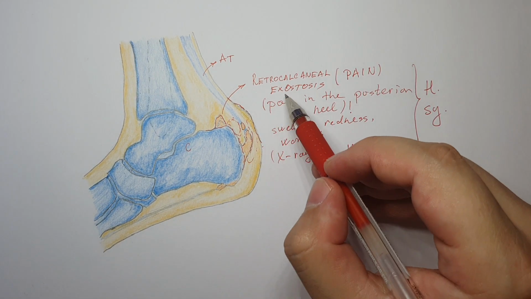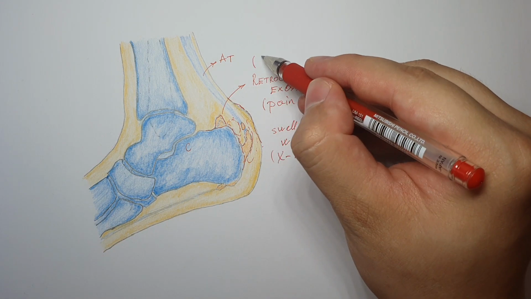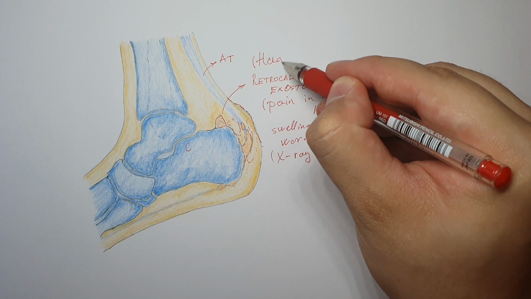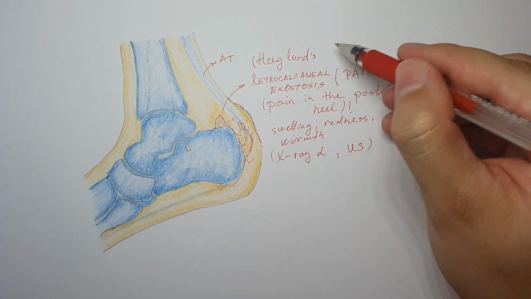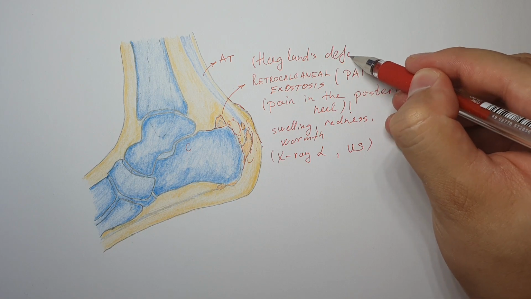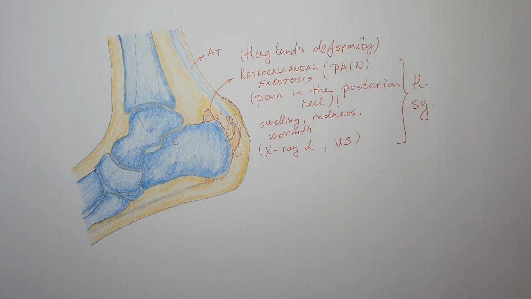But only the exostosis, the retrocalcaneal exostosis, is called a Haglund's deformity.